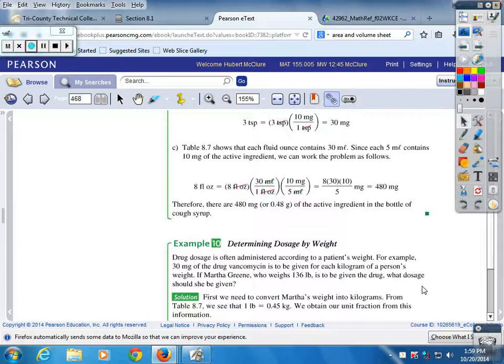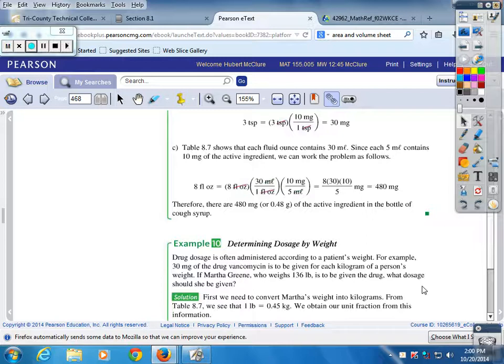All right? Drug dosage is often administered according to a patient's weight. For example, 30 milligrams of the drug should be given for each kilogram. Well, then what's the problem? 30 milligrams per kilogram. I know, but what's the problem?